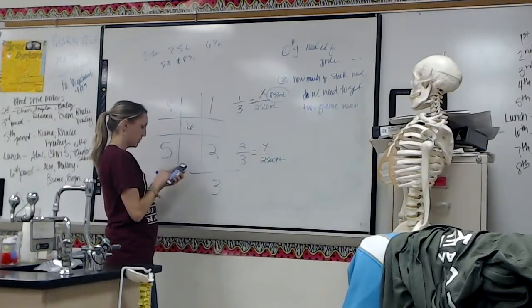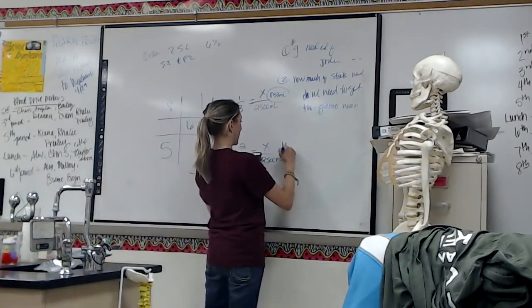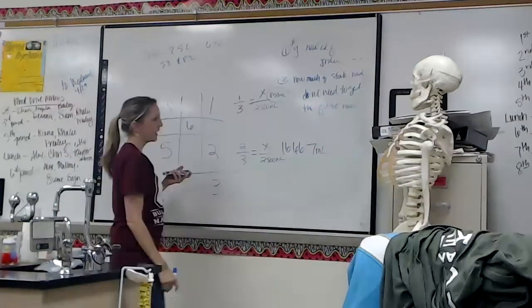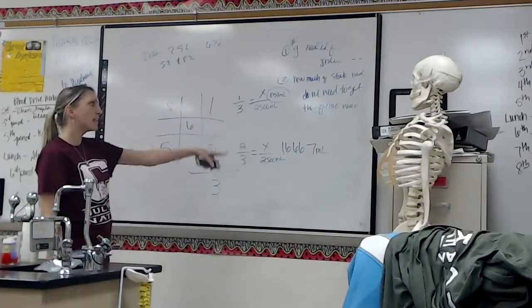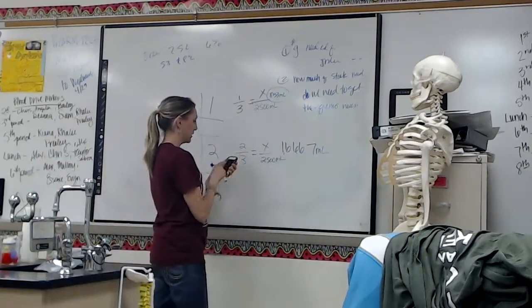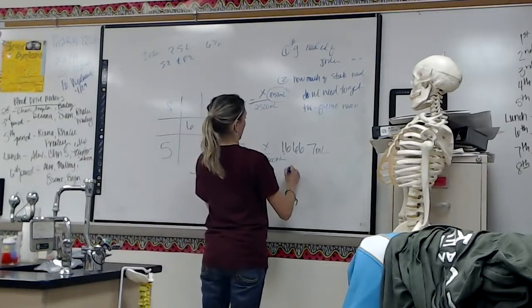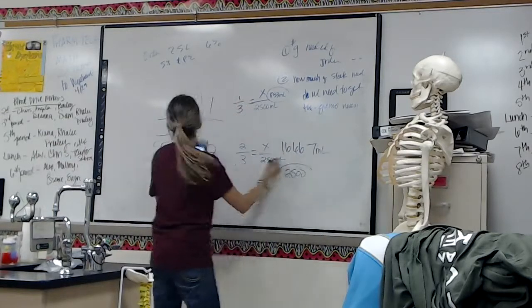And this one's got 1,666.7 milliliters. Okay, so when we add these up, 833 plus 1666, those should add up to be 2,500. And that's what we wanted.